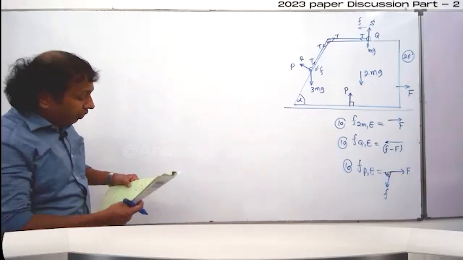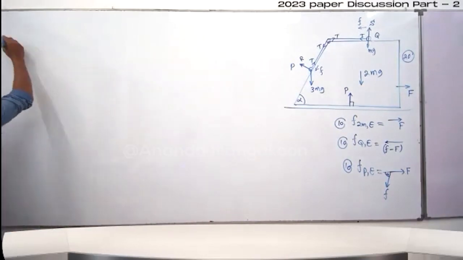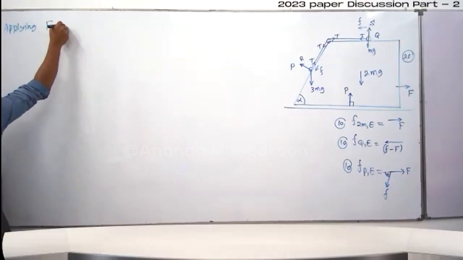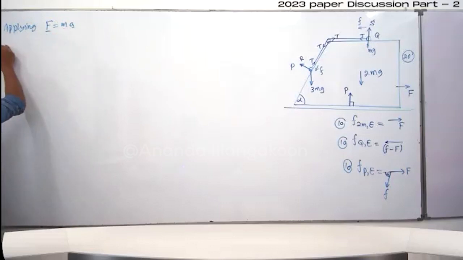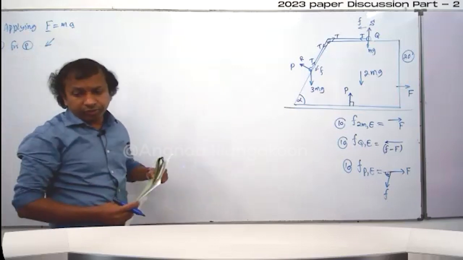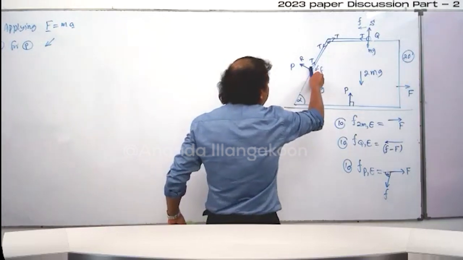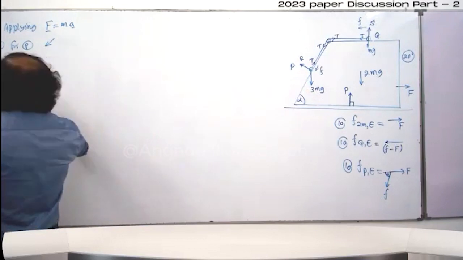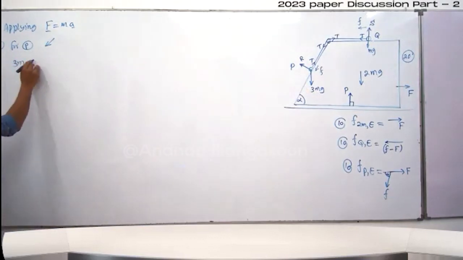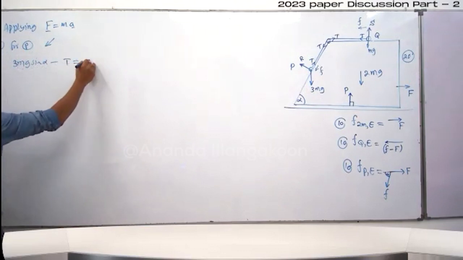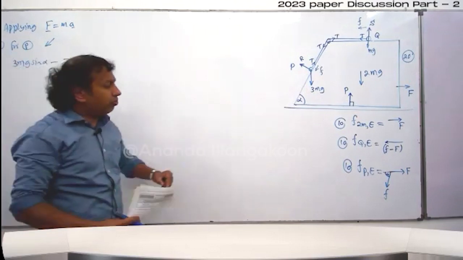Right. So now we write F equals ma. Number 1, we can write for P in this direction. It is what, people? This 3mg, if this is alpha, the component is 3mg sin alpha, right? 3mg sin alpha minus P equals 3m times the acceleration of P, which should be taken from here.